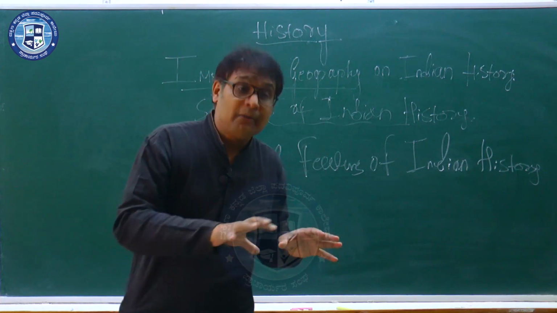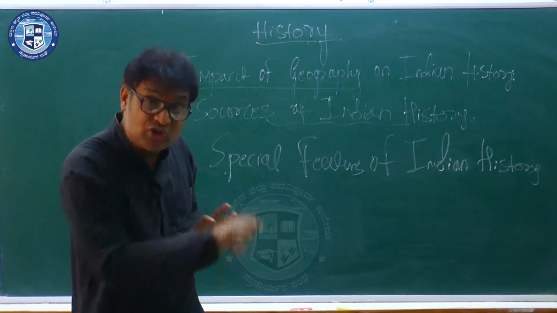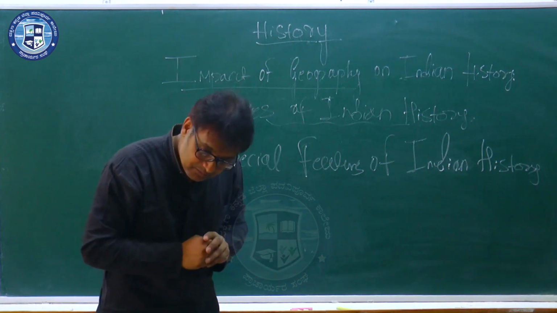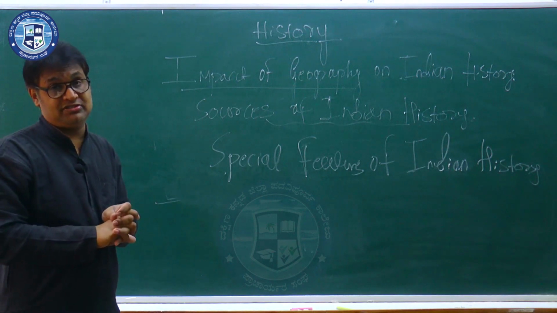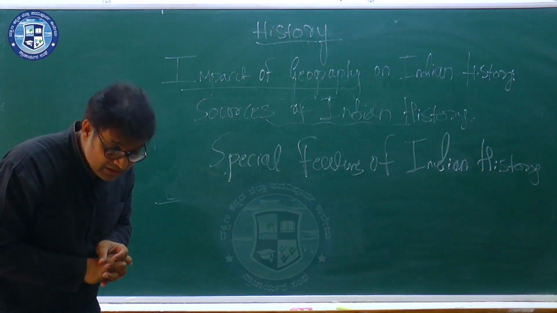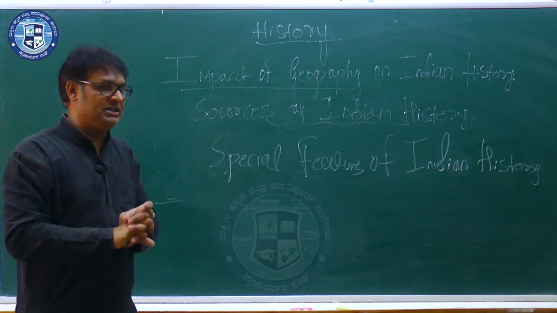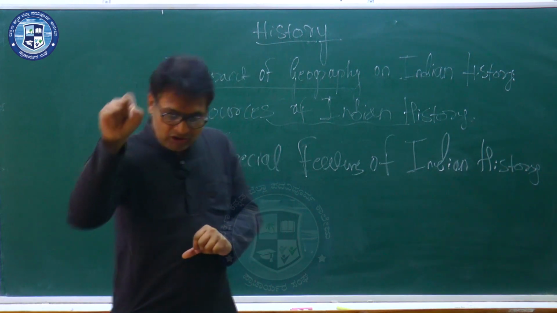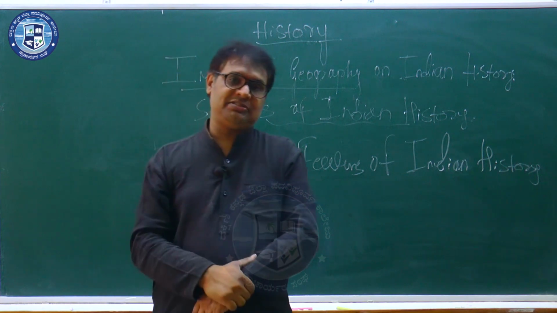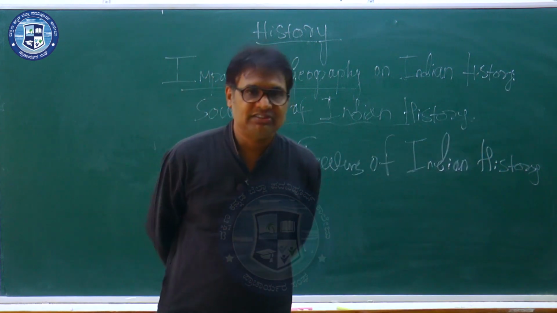This is called evolution in phases. Next, the third one is foreign invasions. We are studying special features of Indian history. In that, the third one is foreign invasions, foreigners' attacks.